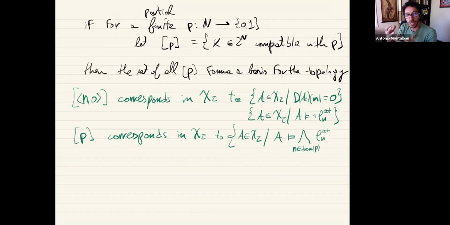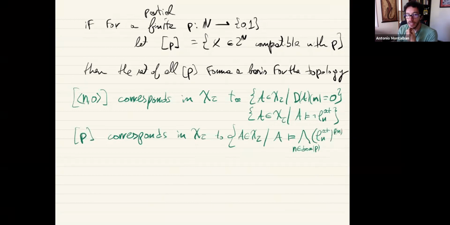If p maps n to 1, I want to put the atomic formula itself. If p maps it to 0, I want to put the negation. I'll write that as the nth atomic formula to the p of n.